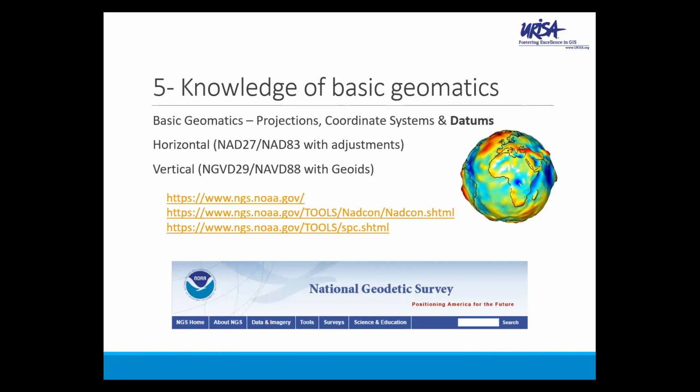NAVD 88 references ellipsoidal heights, which is a theoretical average height for elevation for the Earth. Geoidal heights are the normals to that, which represent the actual Earth surface.